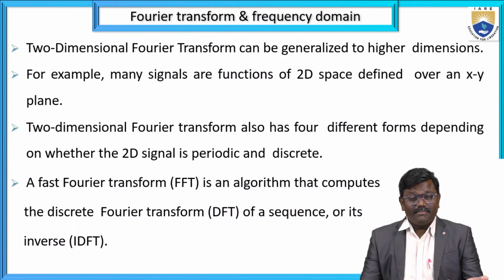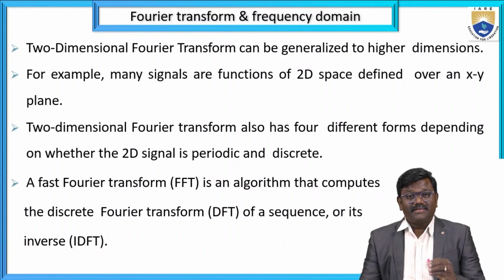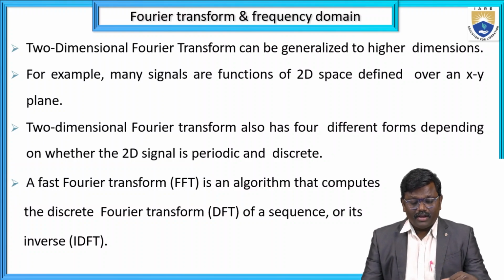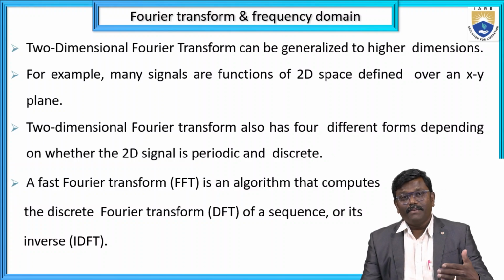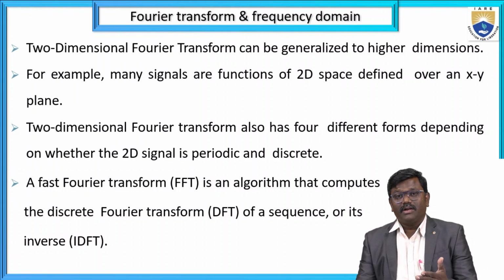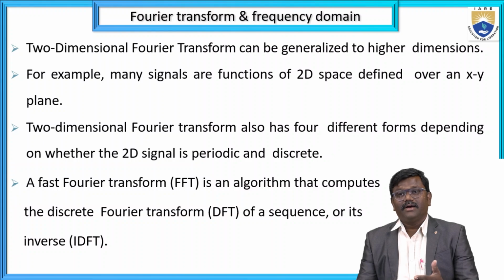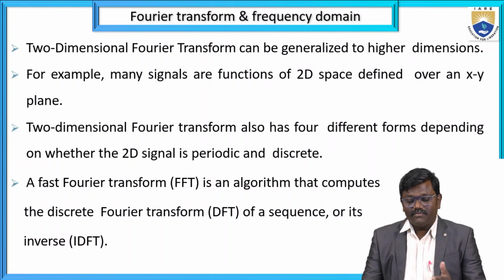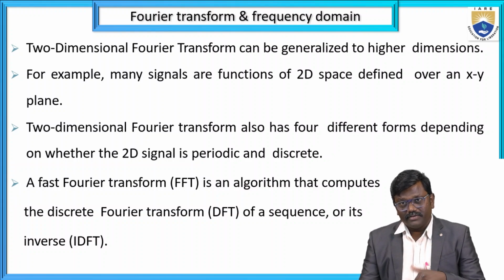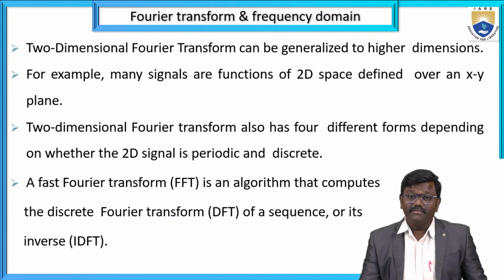Periodic means a continuous domain, while discrete means instances of the domain, which we keep in a discrete domain. For the application here, we apply the fast Fourier transform, which we call FFT, an algorithm to compute the discrete Fourier transform of a sequence, the DFT, and also the inverse DFT.